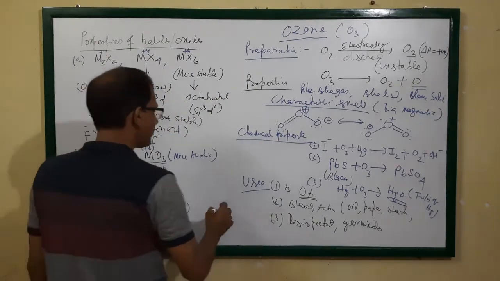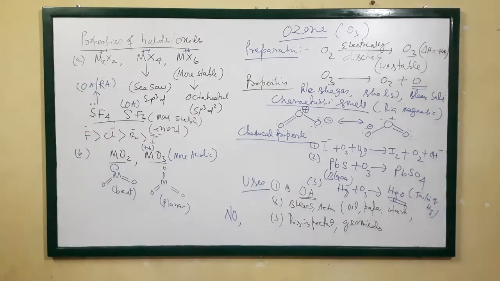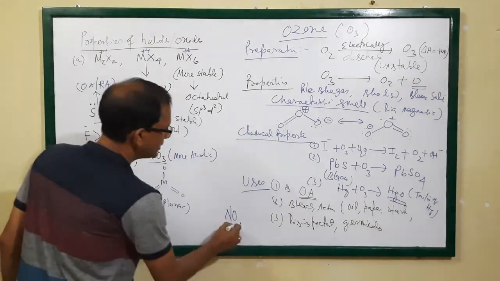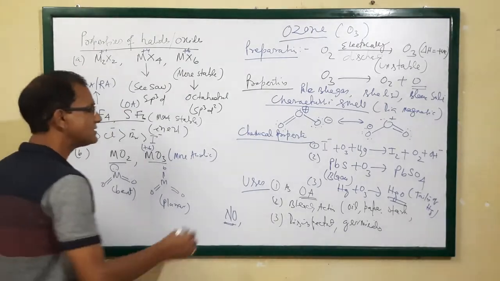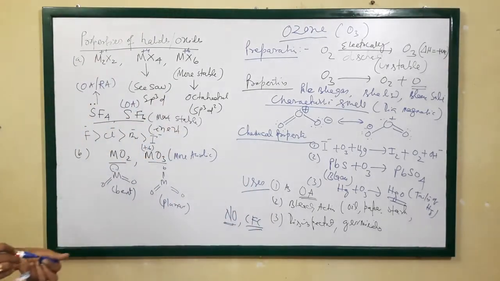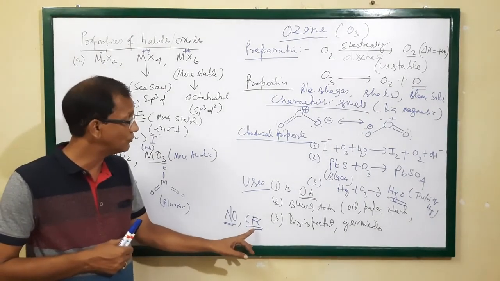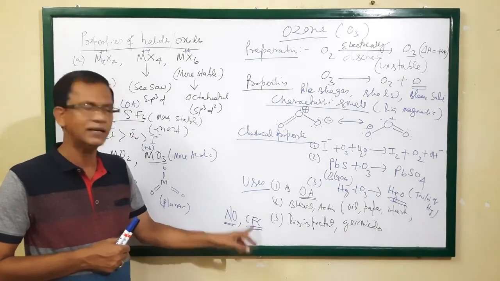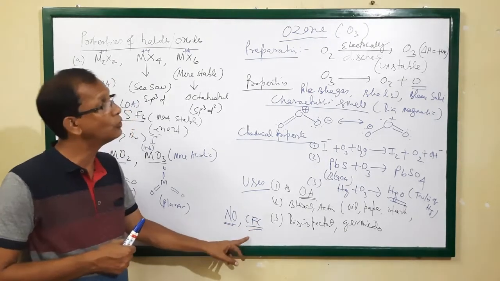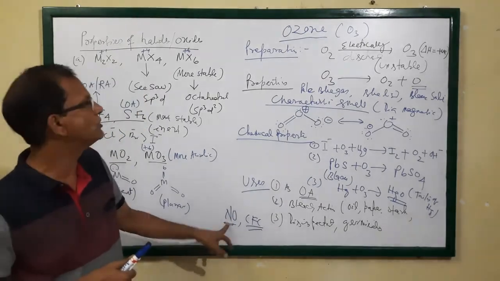What are these? Nitric oxide. These nitric oxides deplete ozone. And CFC, chlorofluorocarbon. These chlorofluorocarbons are very reactive and produce very reactive free radicals. These reactive free radicals decompose ozone, and NO also decomposes O3.